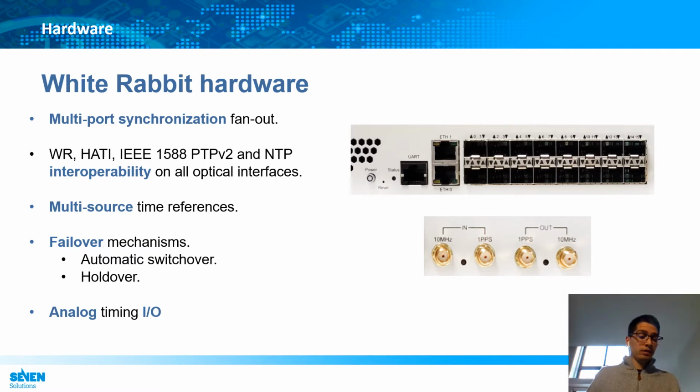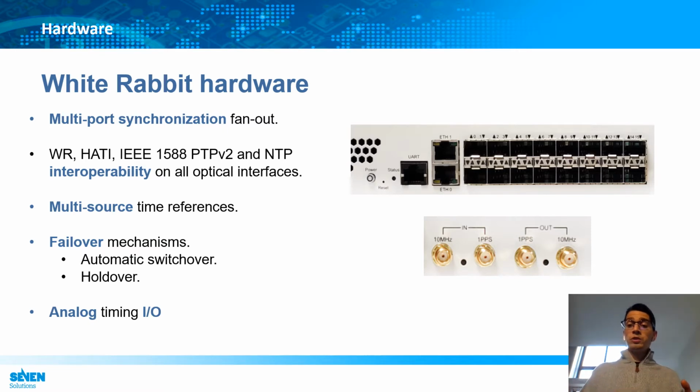It is important to have some knowledge about the White Rabbit hardware. The White Rabbit hardware has some particularities. For example, they are typically multi-port devices because this way we can deploy point-to-point White Rabbit links that will ensure the best accuracy. But these ports, these optical connections, can be used to also distribute other protocols like NTP or PTP at the same time.